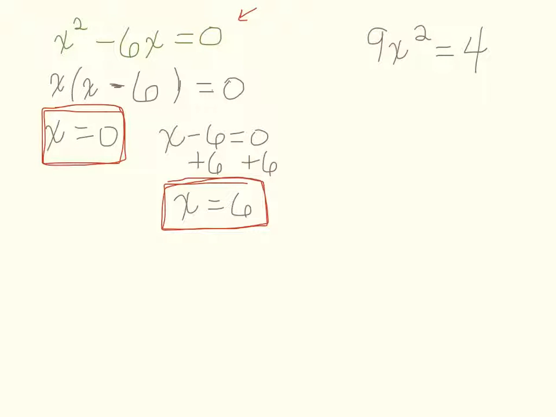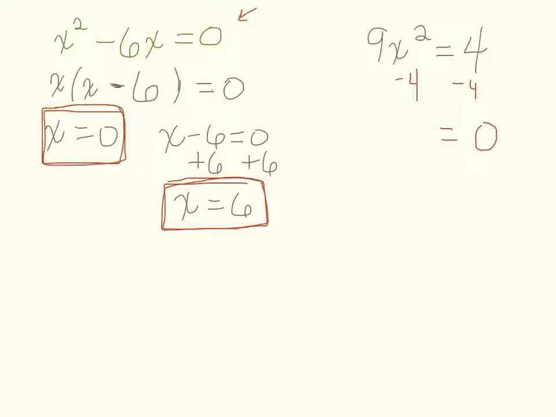I don't have this in this case. So what I'm going to do is I notice that I have this 4 over here. If I subtract 4 from both sides, on this side I'm going to get 4 minus 4 is 0.